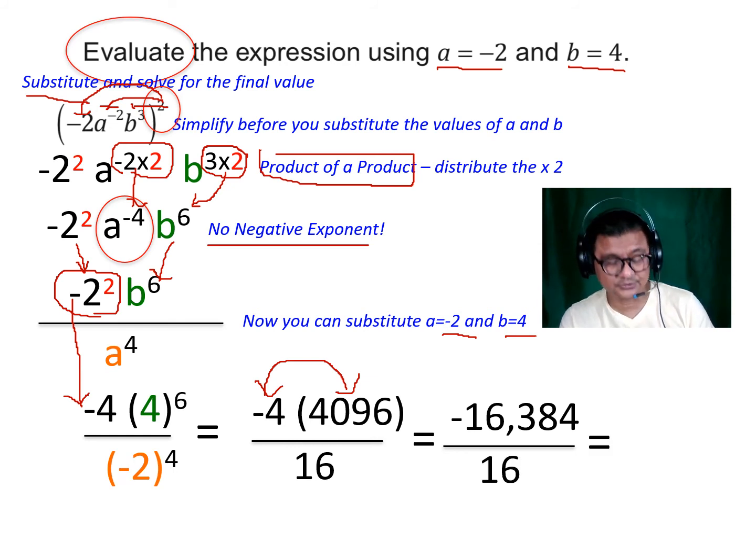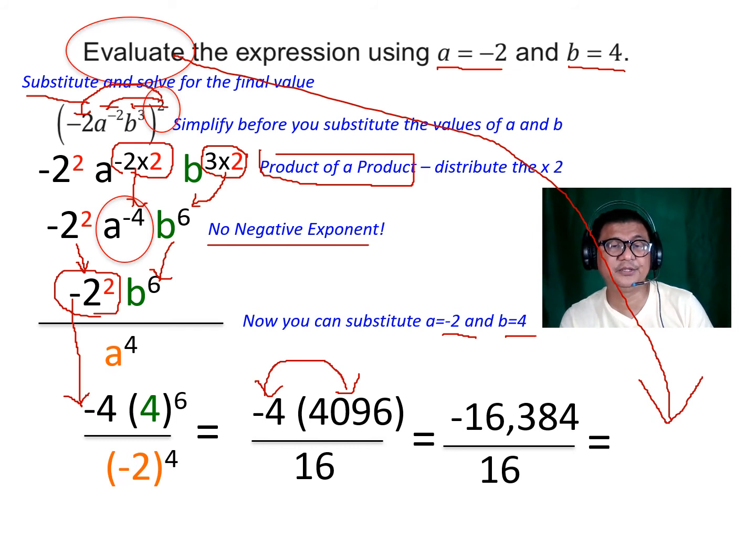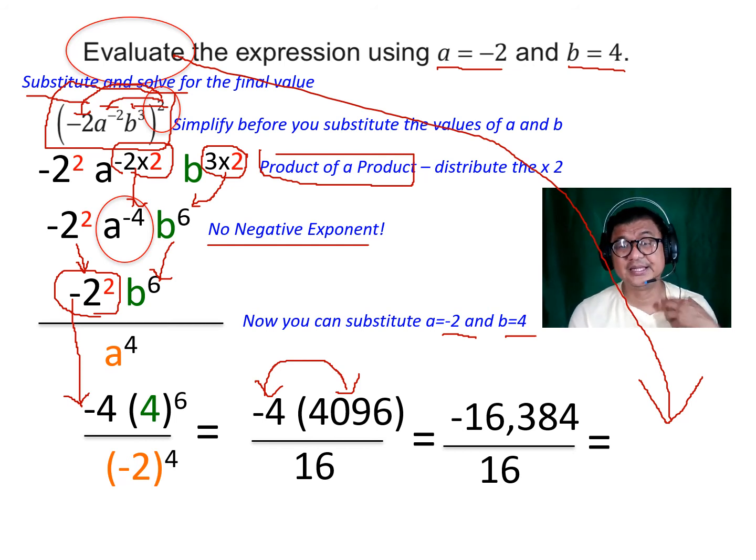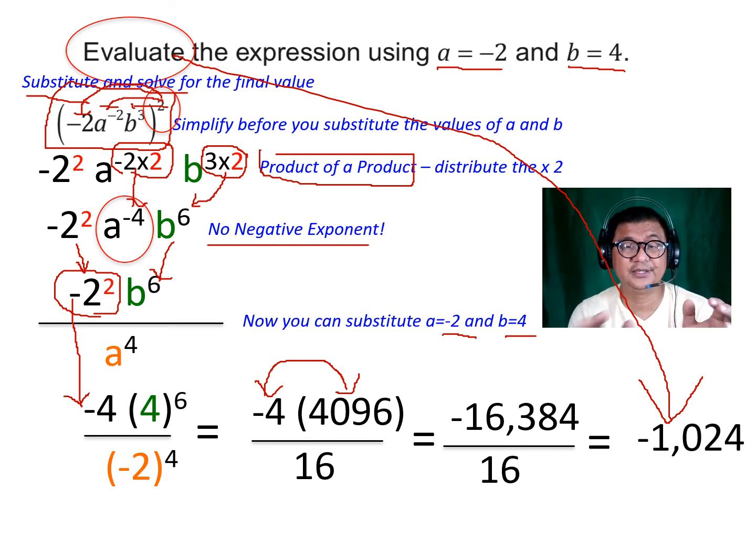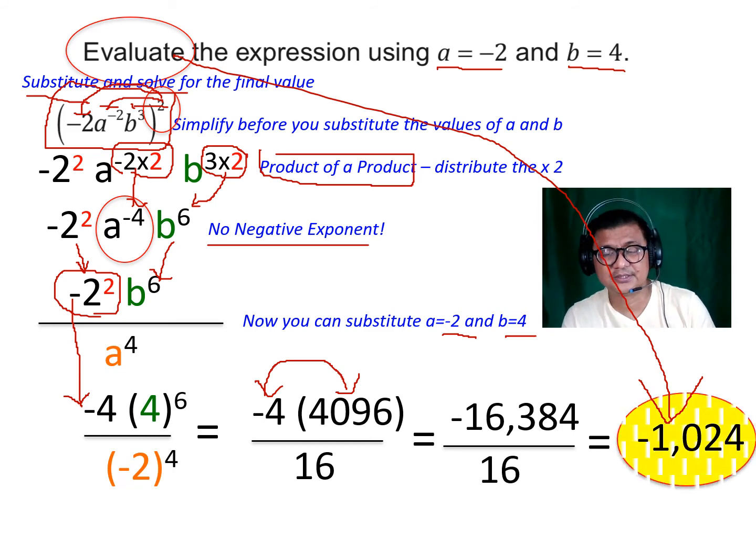All right, divide the 2 and you'll get negative 1,024. So again, the final value after evaluating is this one. It's not scary anymore. It doesn't look like this anymore. It boils down to a single number. All right, that's evaluating. Are you ready now for more practice? Okay, here we go.